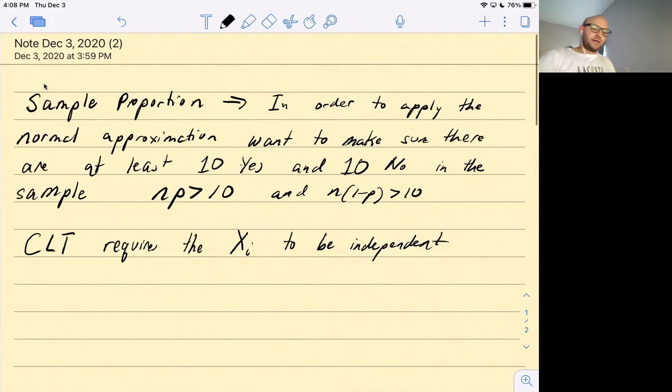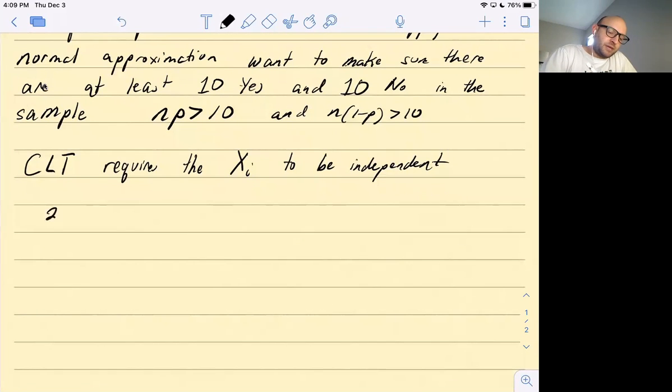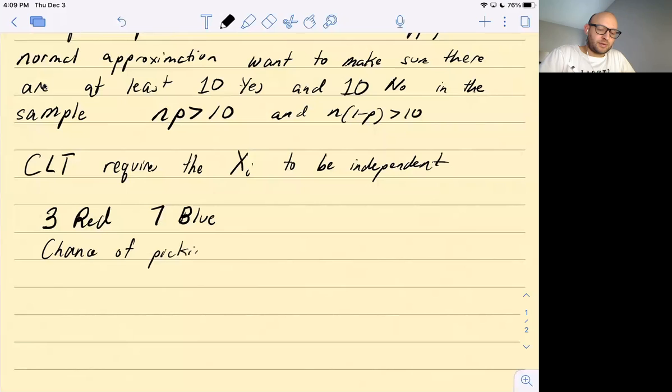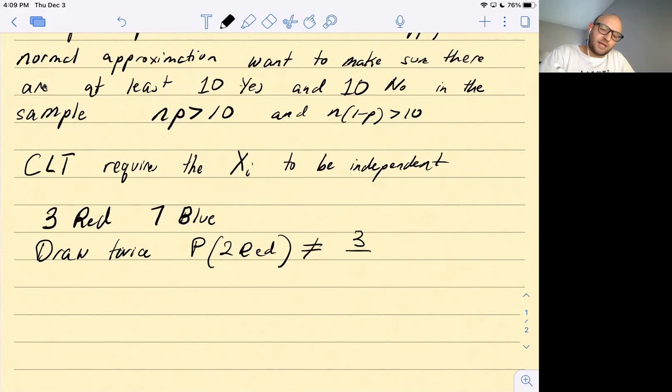We talked about this: if there are 3 red marbles and 7 blue marbles, and you draw twice, then the probability of 2 red is not equal to (3 out of 10) squared.